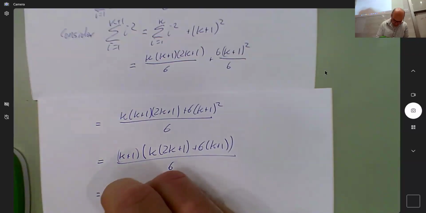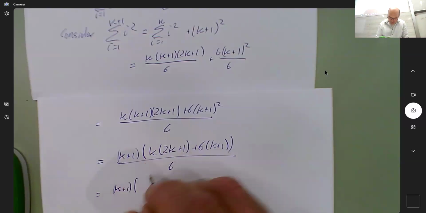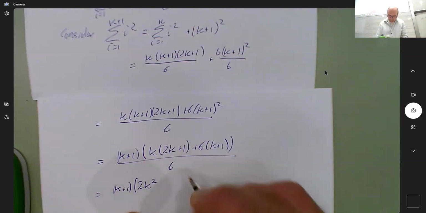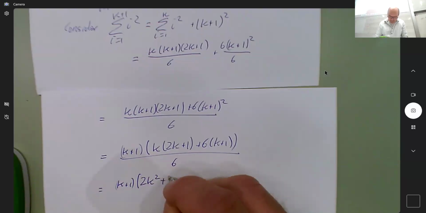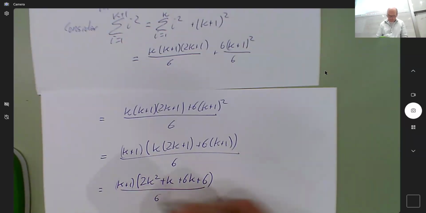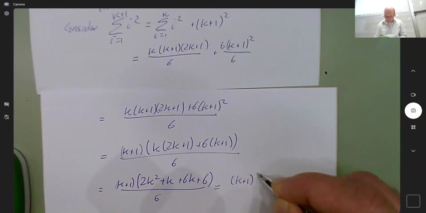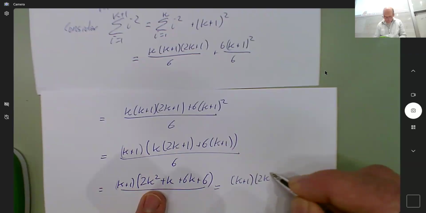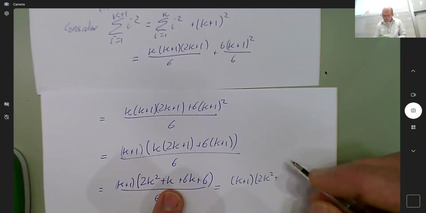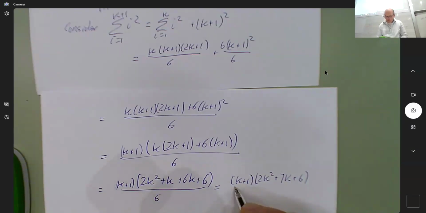All right, so I've got my k plus 1 here. This bit here is going to get me 2k squared plus k plus 6k plus 6, all on 6. And I'm going to go k plus 1, 2k squared plus 7k plus 6, all on 6.